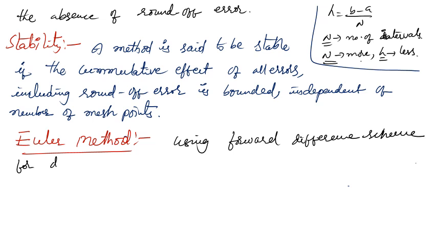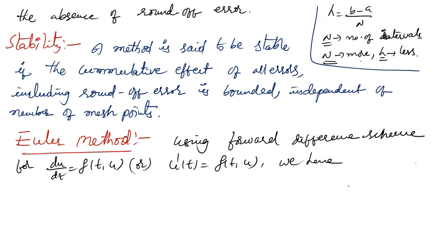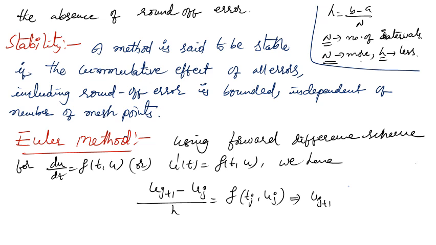The equation is du/dt equal to f(t, u), or simply u'(t) equal to f(t, u). This u' is represented by the forward difference scheme: (u_{j+1} - u_j)/h equal to f(t_j, u_j). So one can write u_{j+1} - u_j equal to h times f_j. What does f_j stand for?